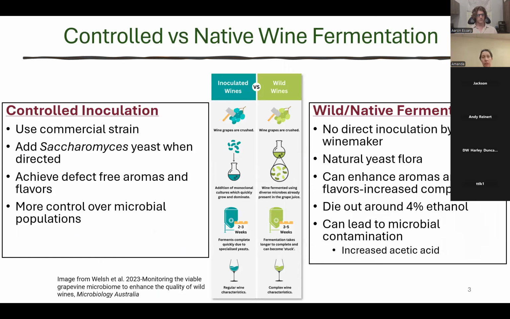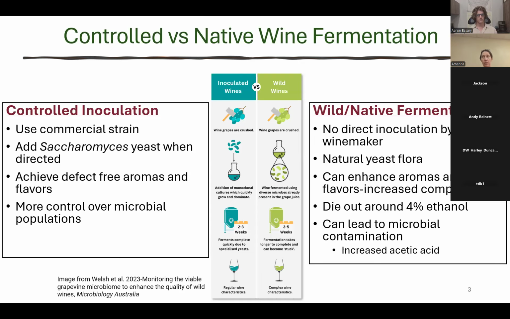So, just giving an overview of traditional yeast in winemaking. Usually people do what's called a controlled inoculation with Saccharomyces yeast to ensure a successful fermentation.